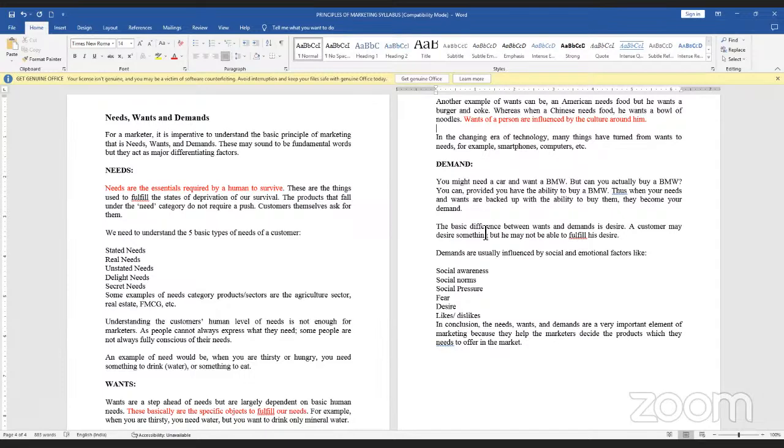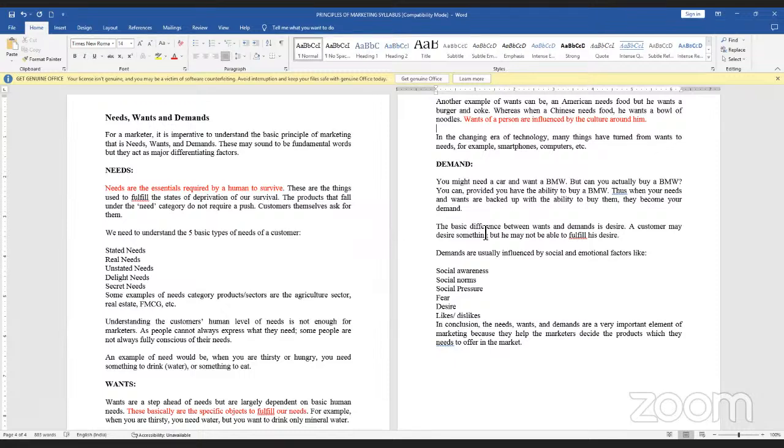But can we? So a want or desire by itself is not enough. To fulfill that desire or your want, you should have the ability to purchase, the ability to buy. Then only that product gets demand.